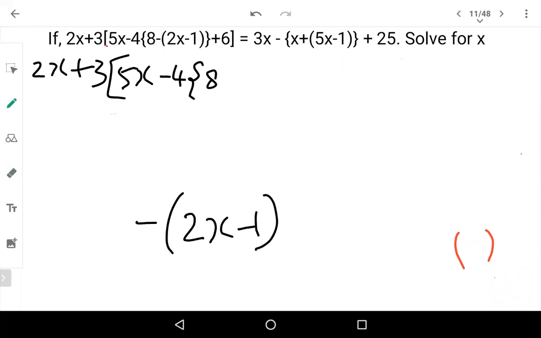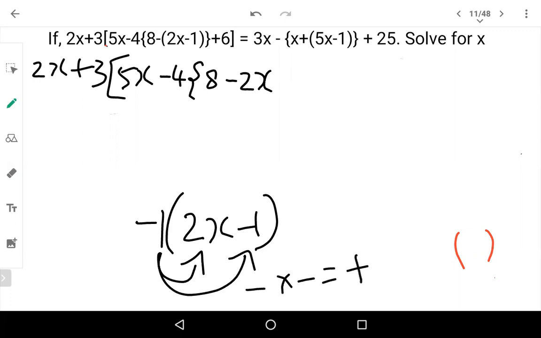If you don't have any number, we can assume it to be minus 1. Okay. Now minus 1 into 2x, what will be the answer? It will be minus 2x. Correct? Then minus 1 into minus 1. Again here minus into minus is plus, 1 into 1 is 1. So it is going to be plus 1.